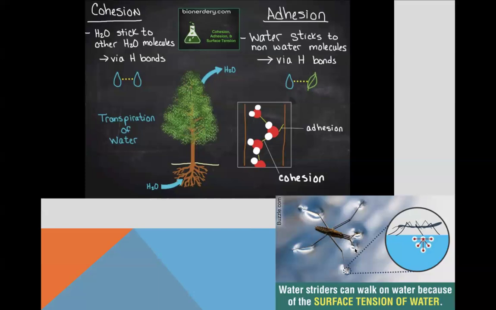And it's a combination of side to side cohesion. So you can see in this diagram with the bug in the bottom right, there's side to side cohesion between water molecules. And there's also diagonal and downward cohesion, which basically creates a network of hydrogen bonds that is difficult to break through if you're being very careful, like this water strider is.